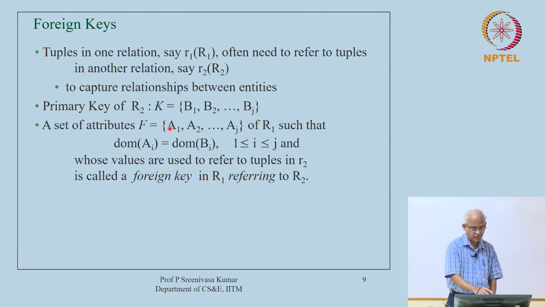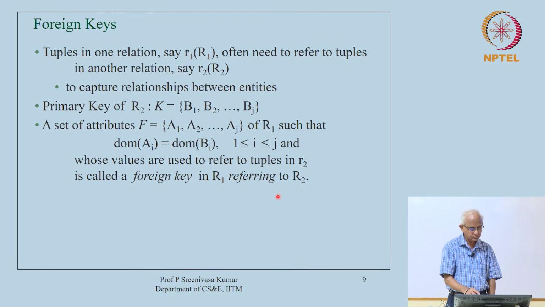Okay. These are the attributes we would like to use, whose values are used to refer to tuples in R2. This is what is called a foreign key in R1, and specifically we will say it is a foreign key in R1 referring to R2.